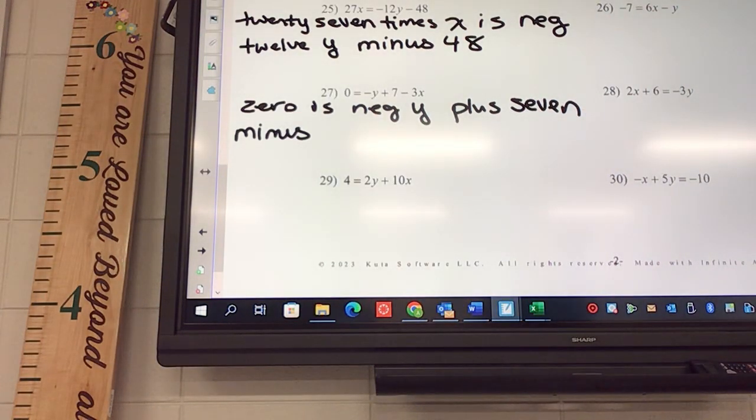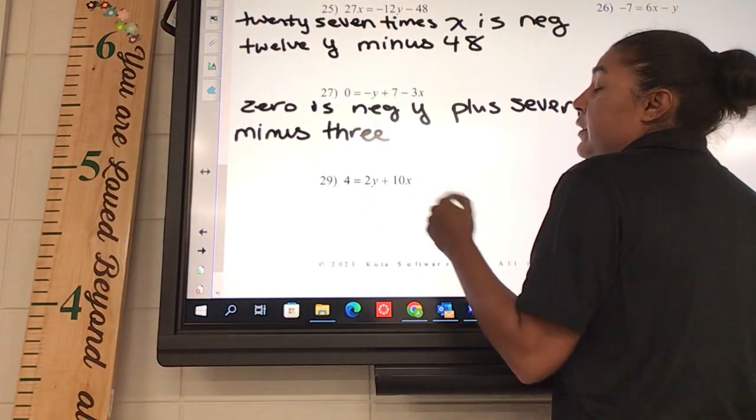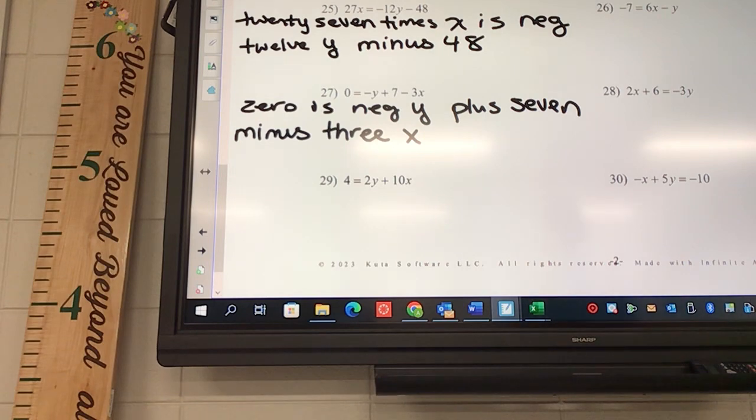Minus what? 3 times x. Or you can say 3x, right? Those mean the same thing. You say 3 times x, 3x. I'm trying to shorten it as much as you possibly can. Because what's longer, is or equals? Is. Okay, yeah, so equals takes you a lot longer to write than is. So pick the shortest words you possibly can.